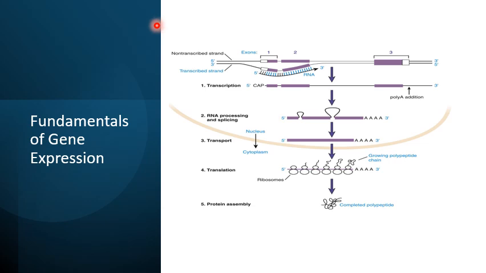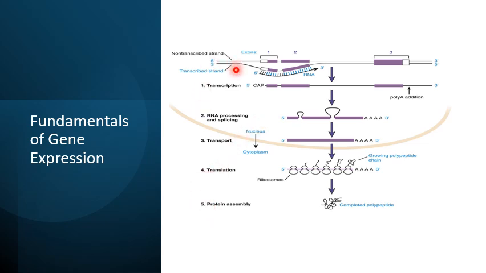And now I will take you on a journey of how proteins, or polypeptides, are produced from the DNA. We will follow the process of gene transcription: to start with the transcription, then RNA processing and splicing, then the transport, and then translation and protein assembly.